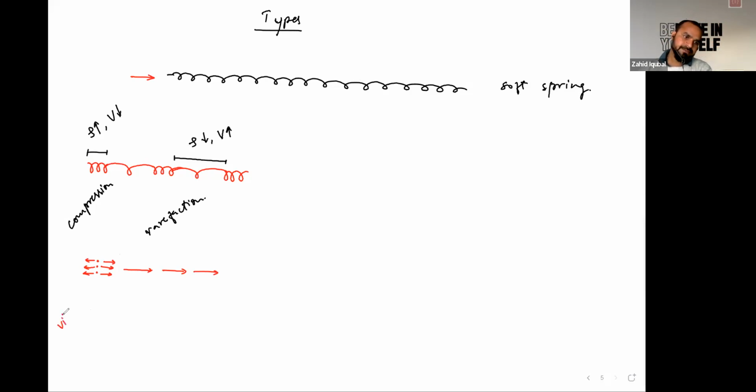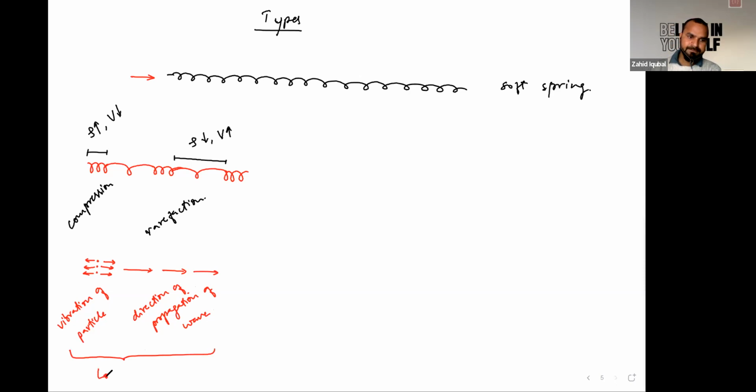So this is a vibration of particle, and this is direction of propagation of wave, and both are along same direction, so it is called longitudinal wave. Hiba, is it clear?